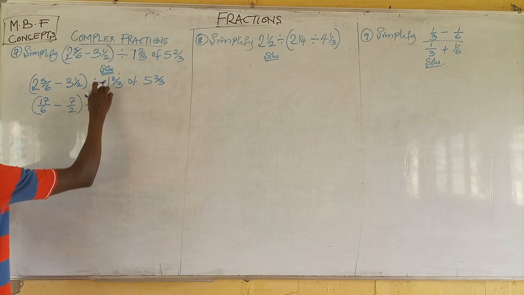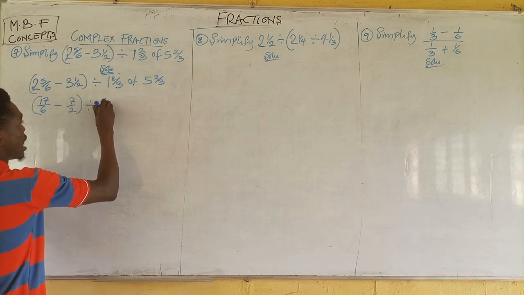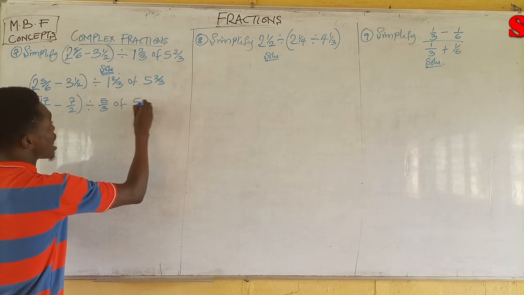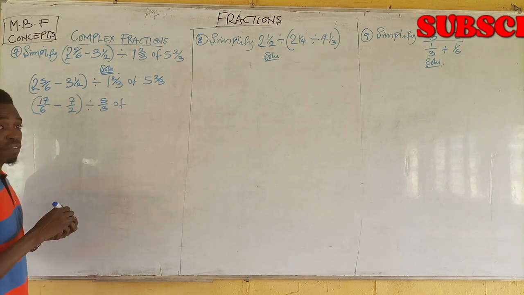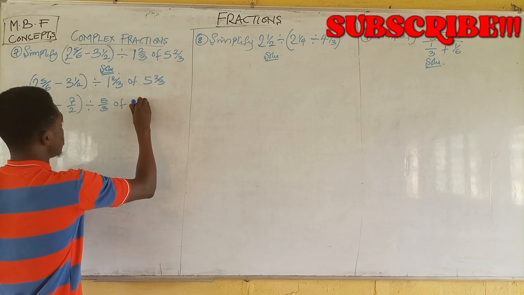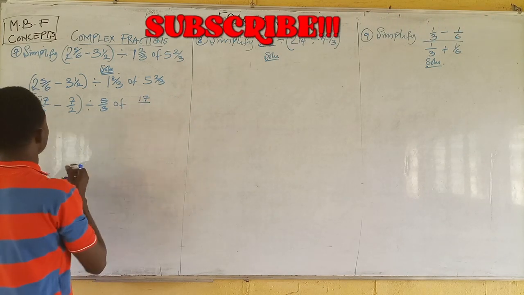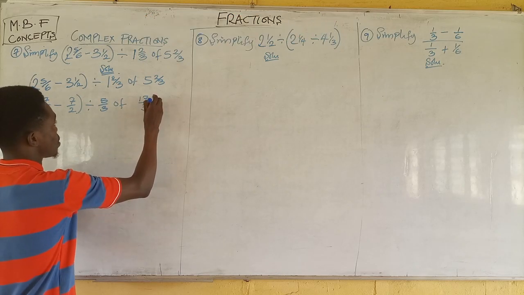Then divided by 3 times 1 is 3, plus 2 is 5/3, of 5 times 3 is 15, plus 2 is 17/3. It's as simple as this.